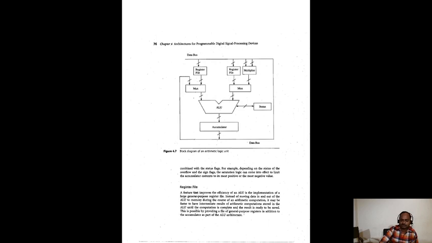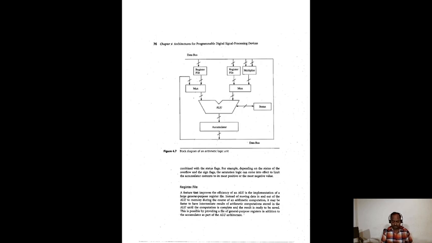For example, depending on the status of the overflow, you have a flag for overflow, a flag to represent that the result is 0, and a carry flag. When you perform addition and get a carry, to represent that carry we need a carry flag. And for saturation logic also we need a flag.